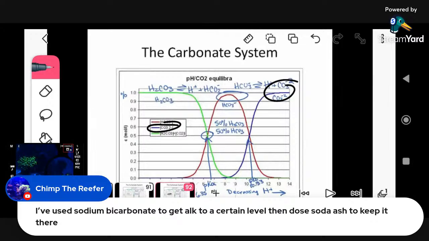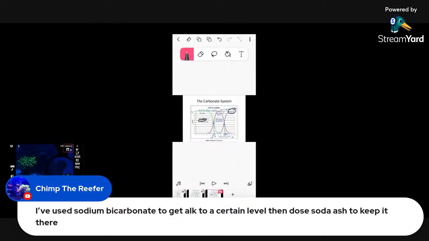I'm trying to hold on, guys. I'm trying to remember the molecular formula of soda ash. Where's my other phone? Hold on, guys.